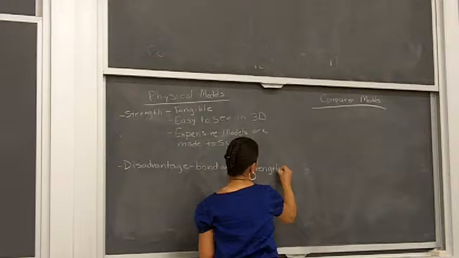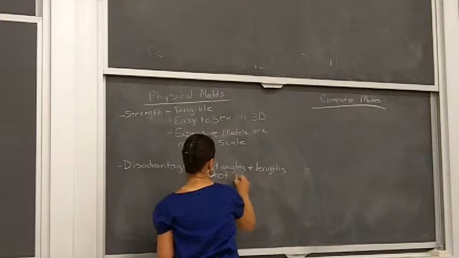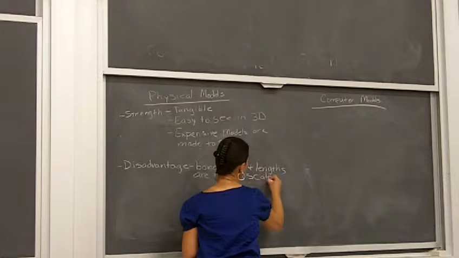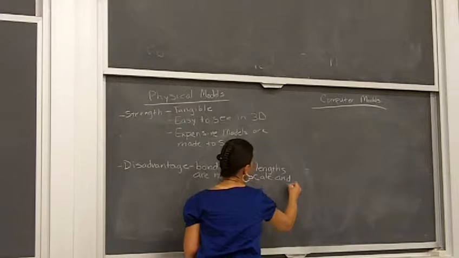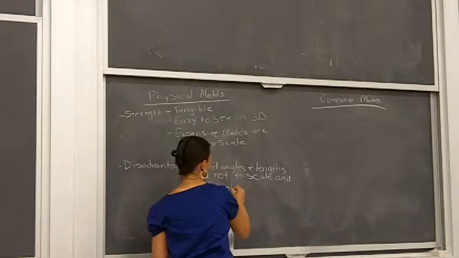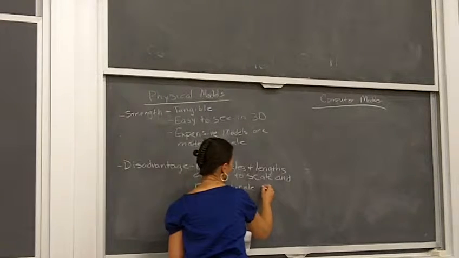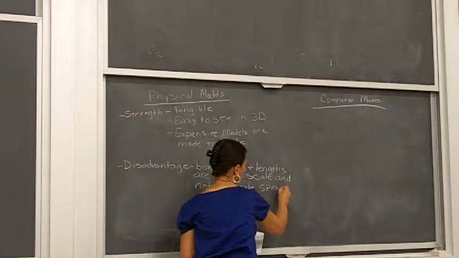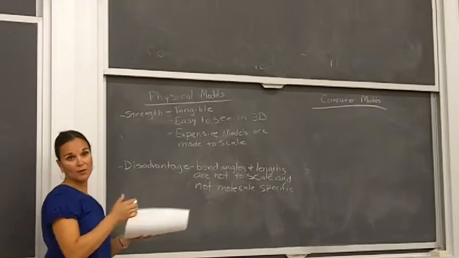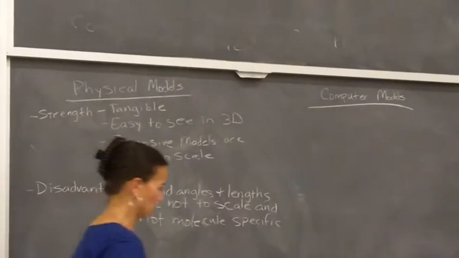They're generalized, and they're not molecule specific usually. So like the models you'll use in workshop, which are the same models that they've mentioned that you could check out or possibly purchase, are not to scale because they're generalized models for organic chemistry, okay?